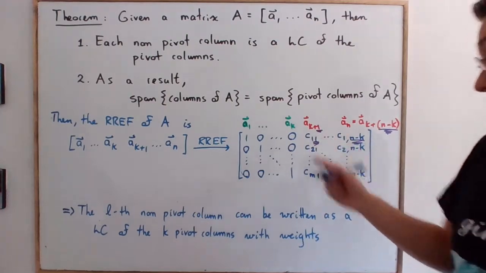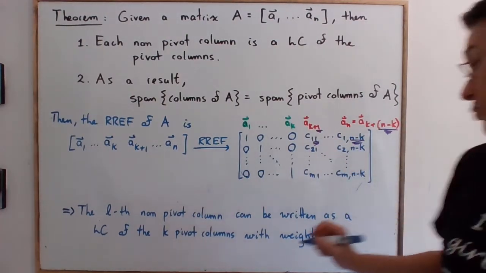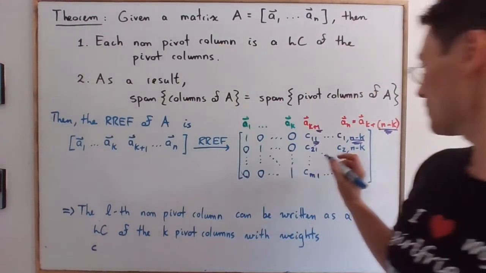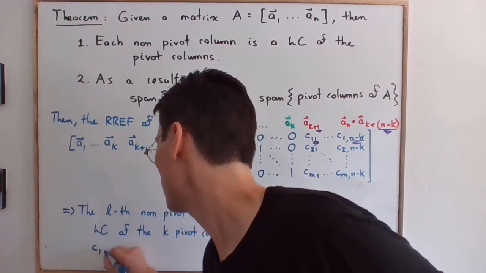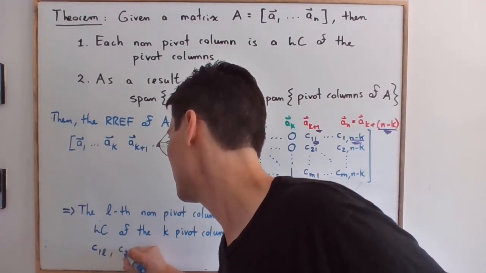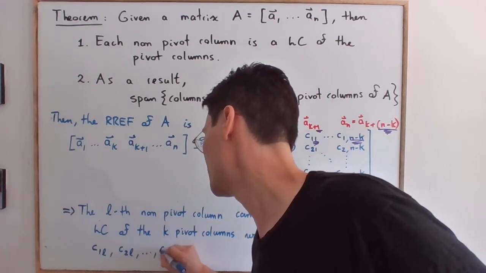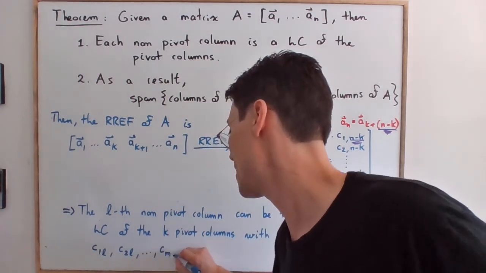And now I can use my notation to actually write C1L, C2L, and all the way up to CML.